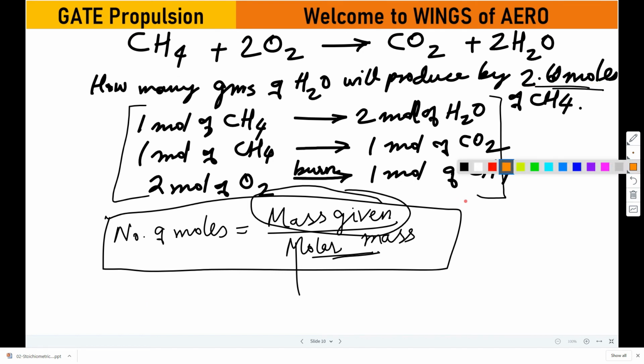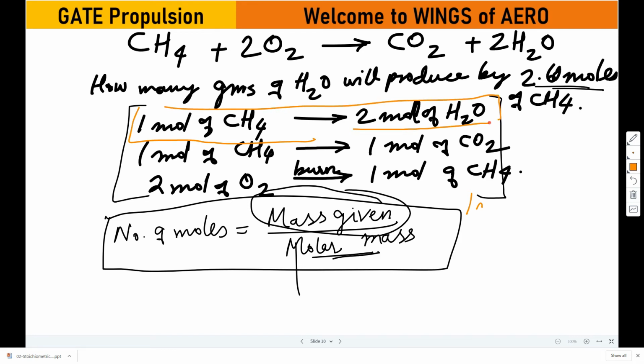Here we know that in this statement, 1 mole of CH4 provides 2 moles of water. That means if I have 2.60 moles of CH4, then I will simply multiply 2.60 into 2.